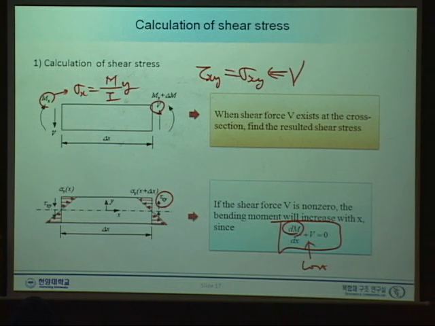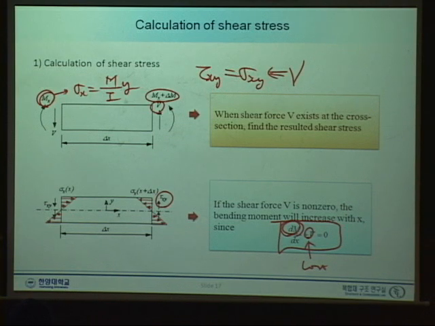And here we have moment M and moment M plus an increment dM over dx here. Why? Again, if we have a V, we always have an increment. Moment should vary.